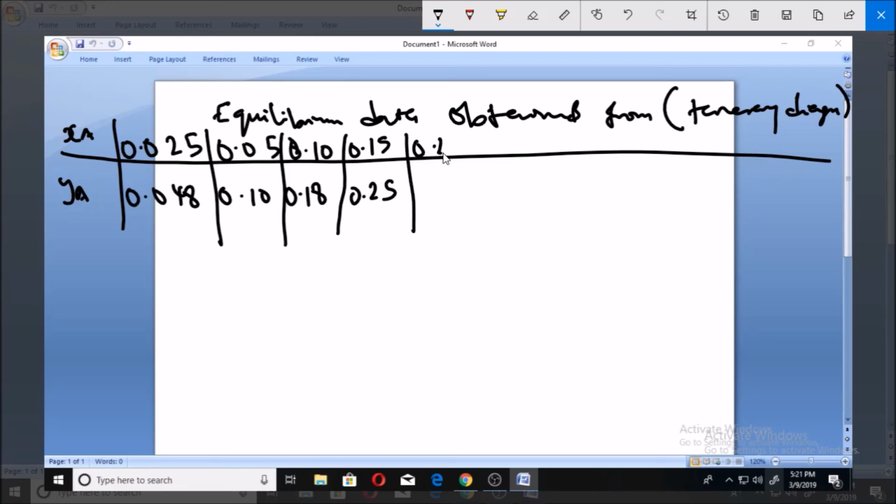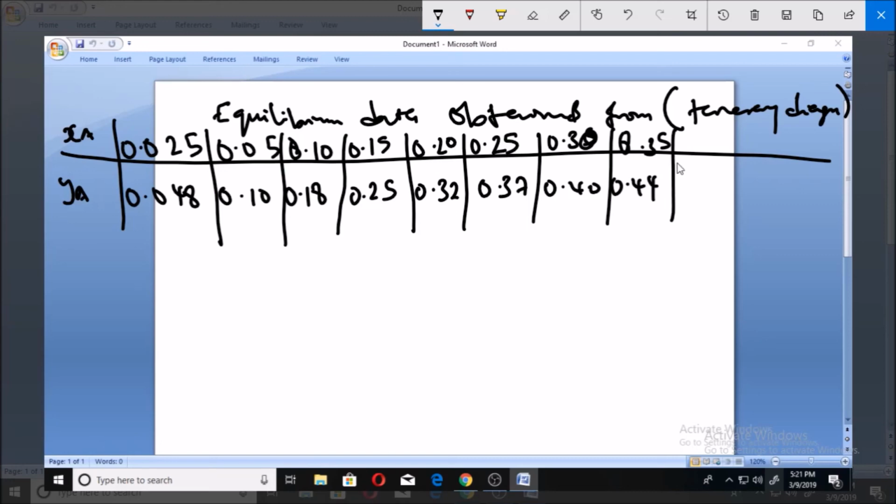at XA 0.20, YA 0.32, at XA 0.25, YA 0.37, at XA 0.30, YA 0.40, at XA 0.35, YA 0.44, at XA 0.40, YA 0.46, at XA 0.425, YA 0.47, and finally at XA 0.49, YA 0.49.